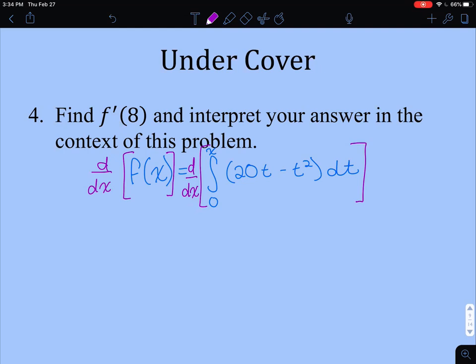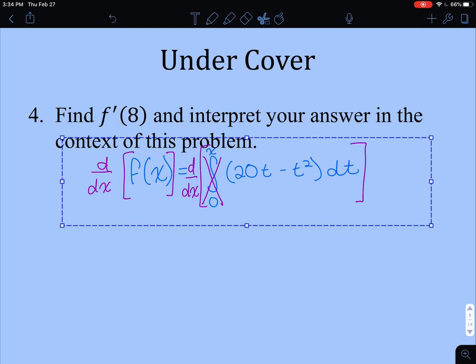So when I take a derivative of an integral, just like when I have sine and inverse sine, or addition and subtraction, they are going to undo each other. So the d dx is going to get rid of the integral, but it's going to do something very specific with this integral.